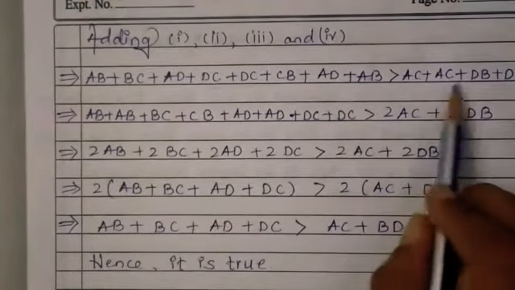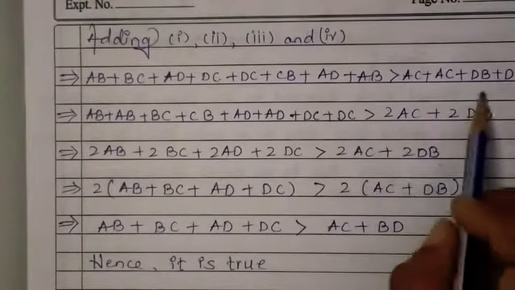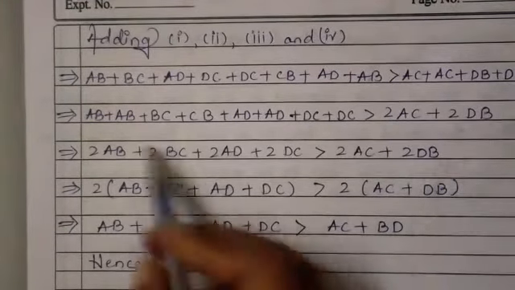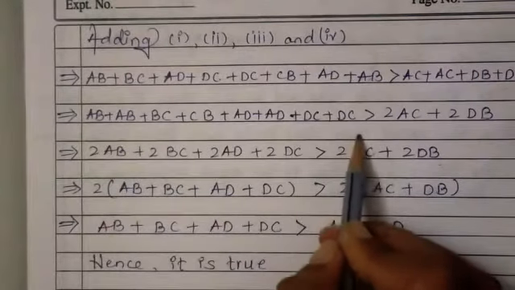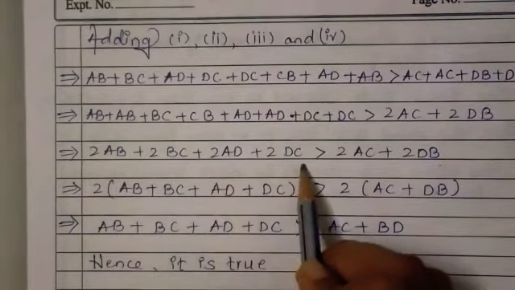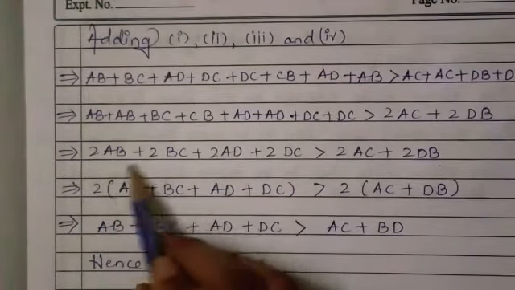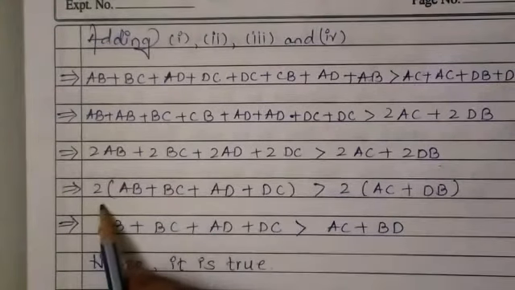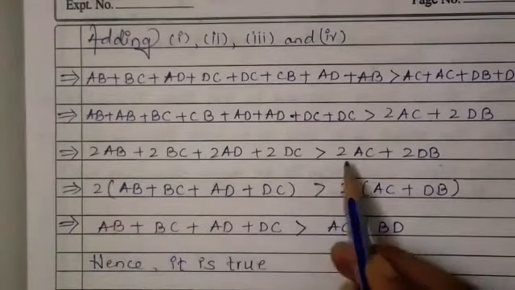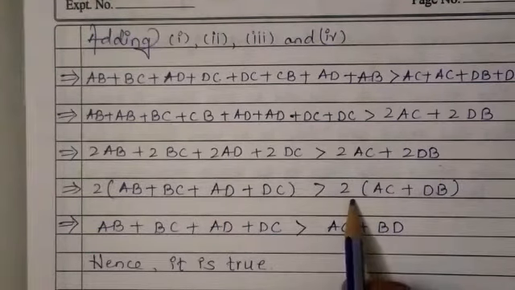Similarly, here we have AC twice and DB twice, so it will become twice AC and twice DB. On collecting the like terms on the left, we have twice AB, twice BC, twice AD and twice DC. Now 2 is common in all the terms on the left hand side, which I have taken common. Similarly, 2 is also common on the right hand side in both terms.